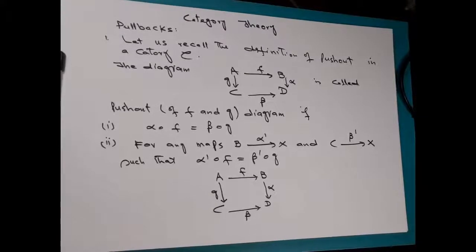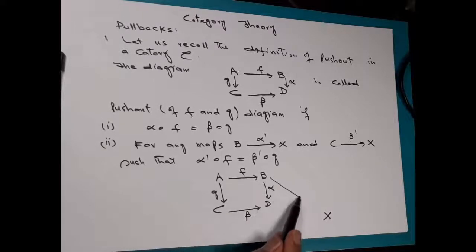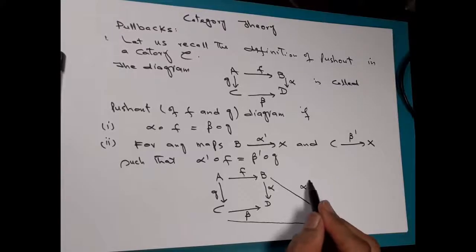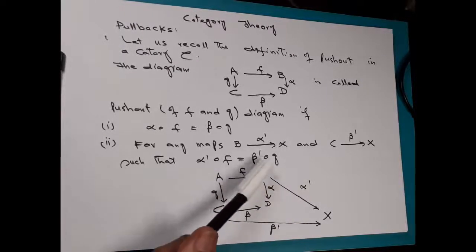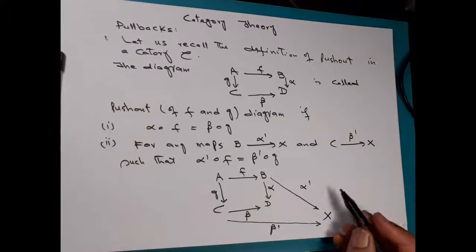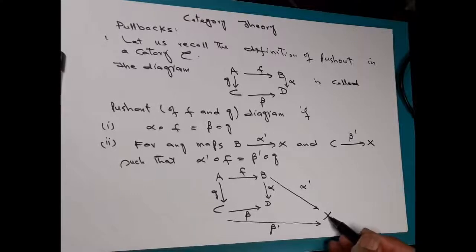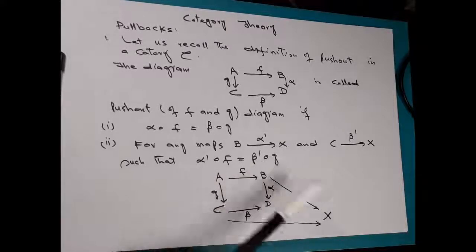So the condition says that if there is an object X and maps from B to X and C to X, these are alpha dash and beta dash, such that alpha dash composed with F is equal to beta dash composed with G, then there exists a unique map from D to X.